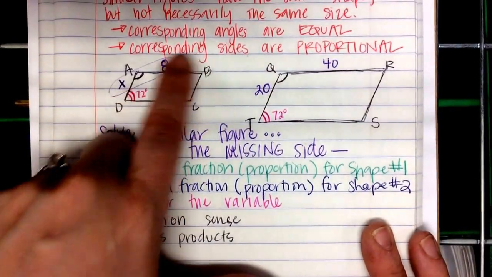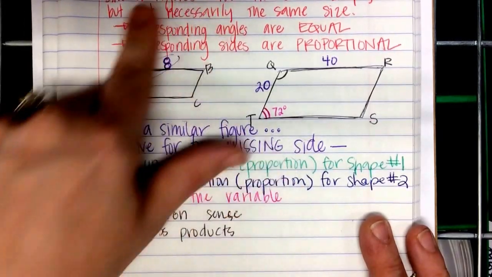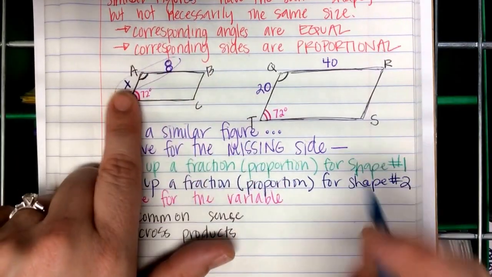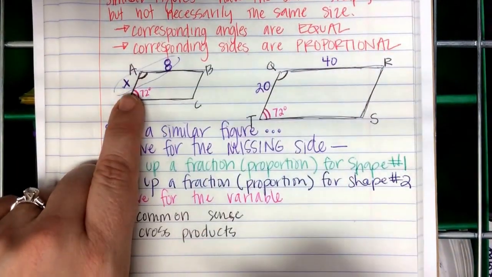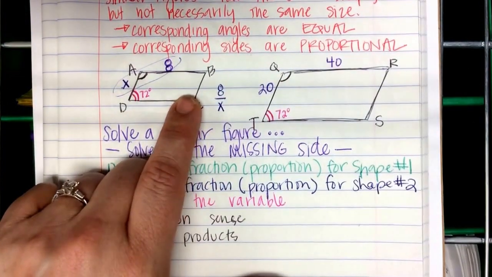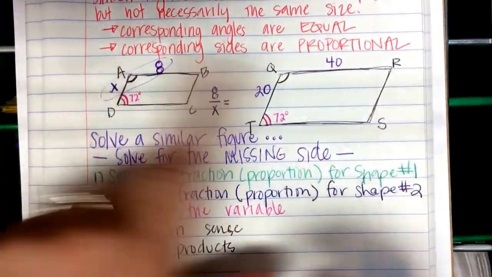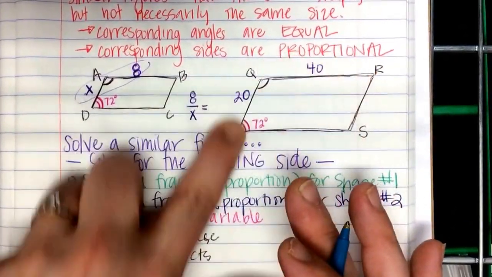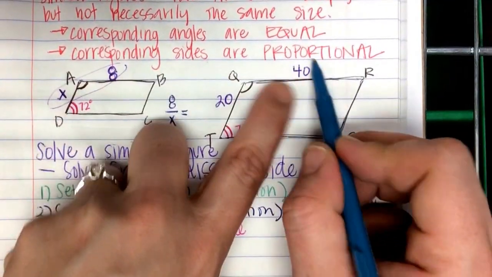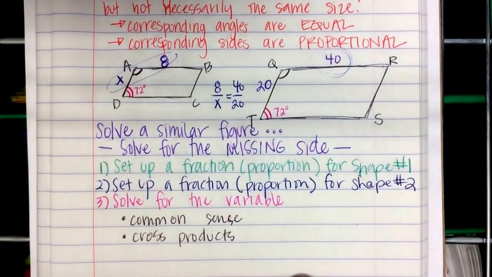What's my fraction? What's my proportion for the first shape? What are my 2 values? 8 over x. Could you say x over 8? Yeah, I don't care. 8 over x equals, what's my proportion over here? If I start with 8, which is the top, I have to start with 40, which is the top. 40 over 20.